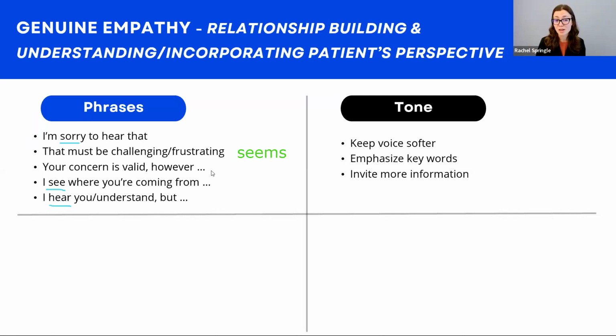Something like, your concern is valid, however, so there's a bit of intonation going up. Your concern is valid, however, you're leading into the next piece there. That next one, I see where you're coming from. So really emphasize the senses. I see where you're coming from. I hear you. I understand.